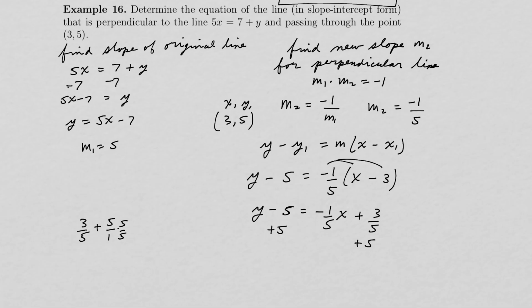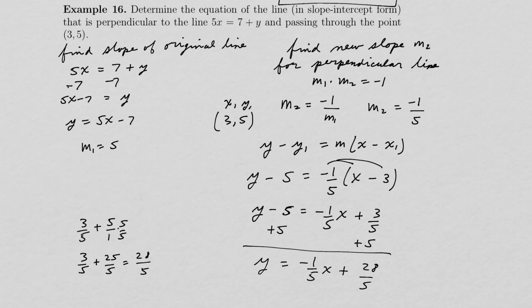So this is 3/5 plus 25/5. Now that I have the same denominator, I just keep the denominator and add the numerators, which is 28/5. So this is now saying y equals negative 1/5 x plus 28/5. And that would be my equation of the line that is perpendicular to this given line and passes through this point, 3, 5.